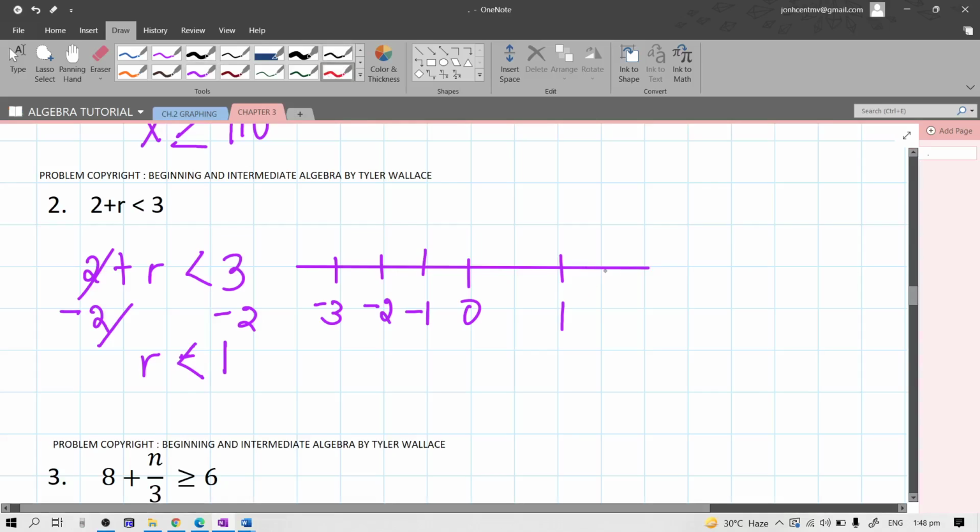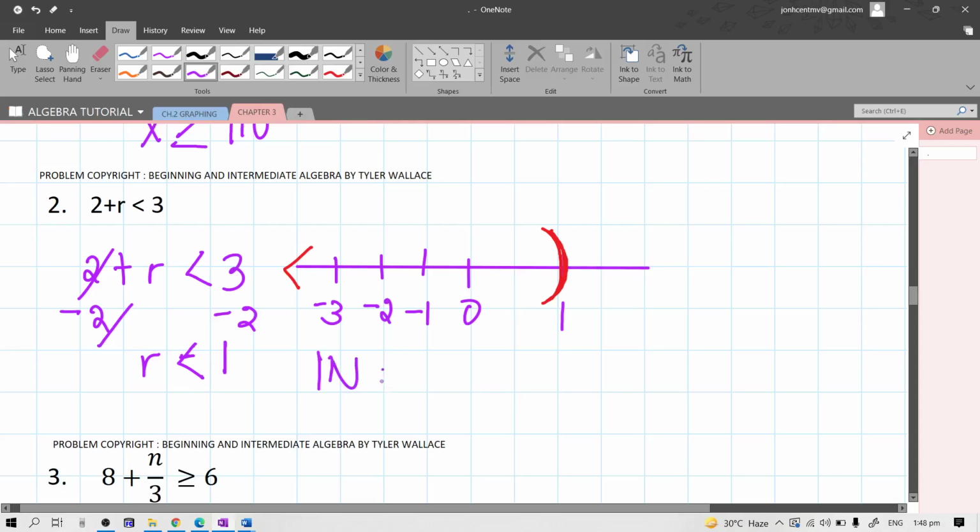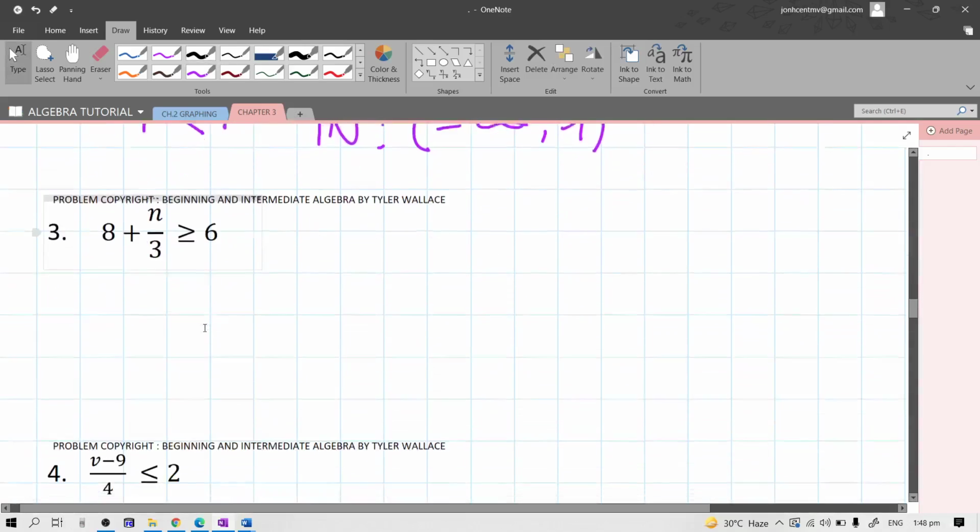So, anong gagamitin natin? We will use parenthesis. So, malaki na daw si 1. Ibig sabihin, ang interval notation natin dito is negative infinity, 1.